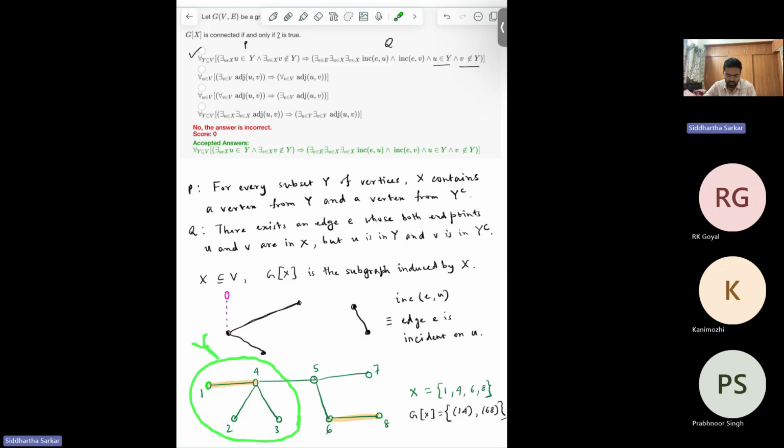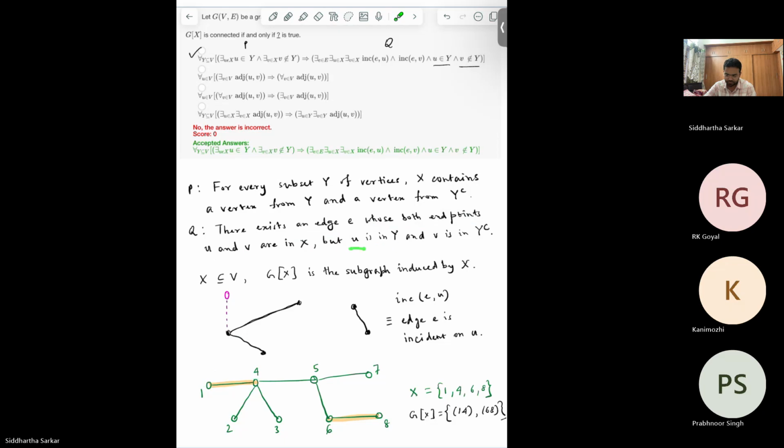These two vertices are in Y, but there are other vertices in X which are outside of Y. So this is a valid description of Y as per statement P. Now consider this is my Y. Now consider the statement Q. There exists an edge E whose both endpoints U and V are in X. So this is that edge.